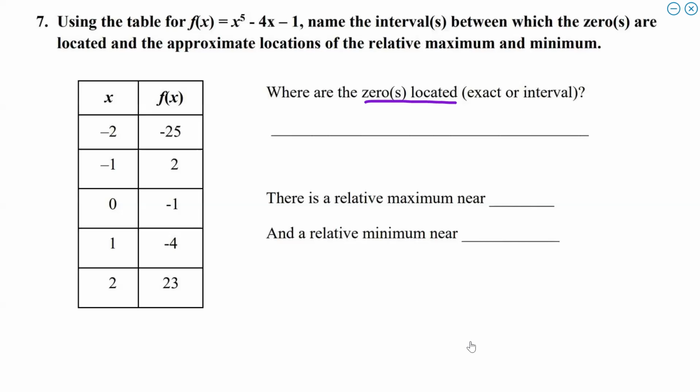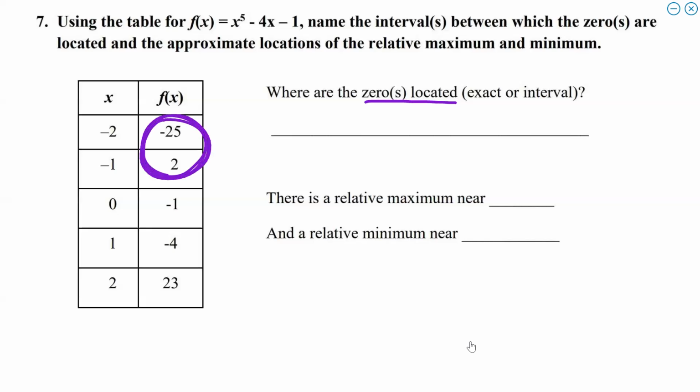Yes, where it switches from being positive to negative, or from negative to positive, where it changes signs. Because if I'm connecting those dots, if I connect a positive with a negative, I have to cross the x-axis somewhere in between there. Where's the first place that you see that it switches signs? Negative 25 and 2.